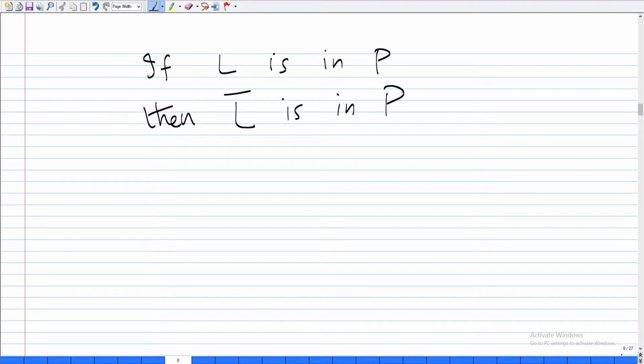If L is in P, then L bar is also in P, right. In the language theoretic sense, if I want to know whether a graph is Eulerian, I have a polynomial time algorithm, and if I want to know the graph is not Eulerian, that also is a polynomial time algorithm, because you run that algorithm, if it says no, you know it is not Eulerian.